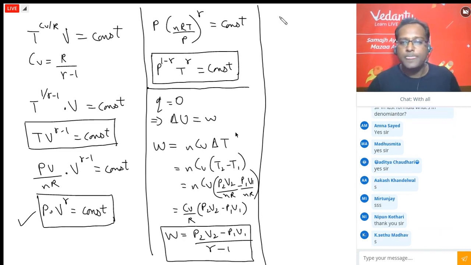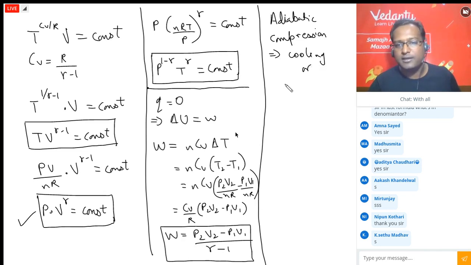Cool. Now, adiabatic compression implies cooling or heating. All the equations that you need to answer the question are in front of you.